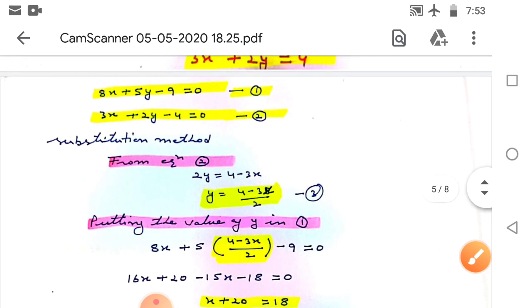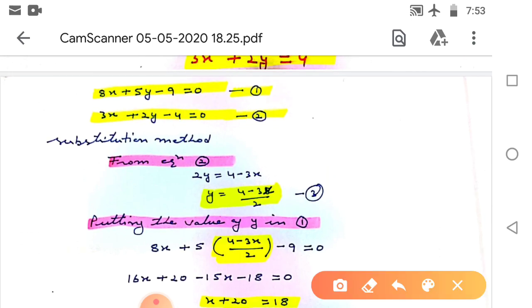First, we shift all the constant terms to the left hand side. So equation 1 is 8x plus 5y minus 9 is equal to 0, and the second equation is 3x plus 2y minus 4 is equal to 0. So we have these two equations, and by substitution method we need to find the value of x and y.